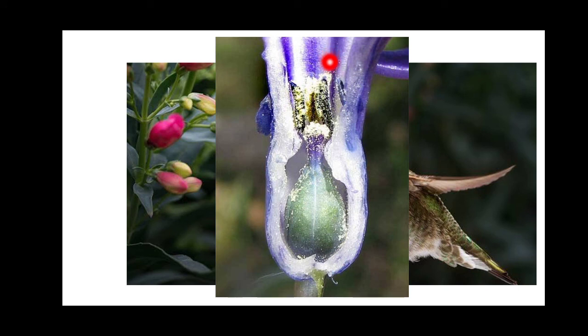When the insect or the bird tries to reach the nectar present at the bottom base, it is going to get completely powdered with the pollen, and later on it will help in the process of pollination. So those are all the different kinds of modifications seen in the flower which help in the process of pollination.